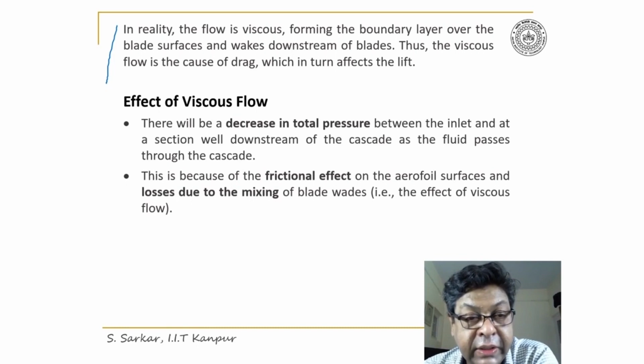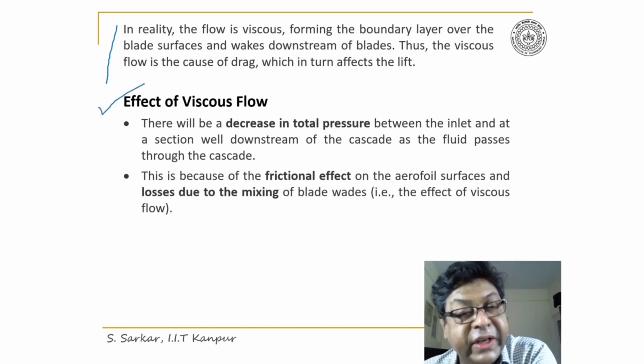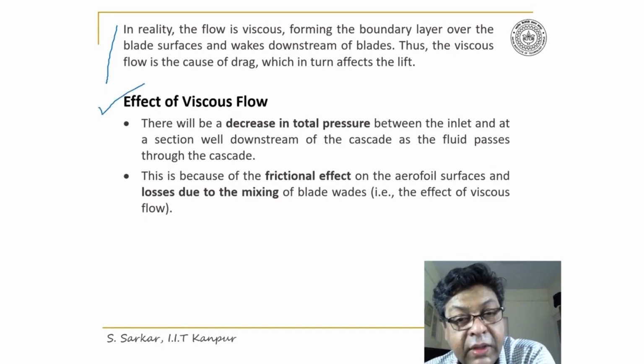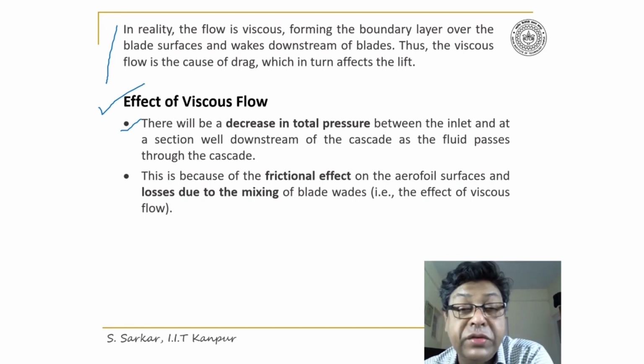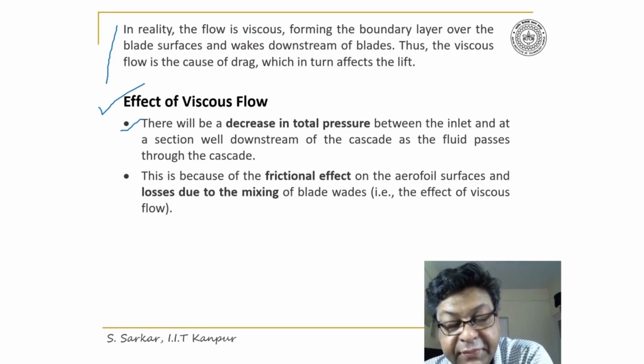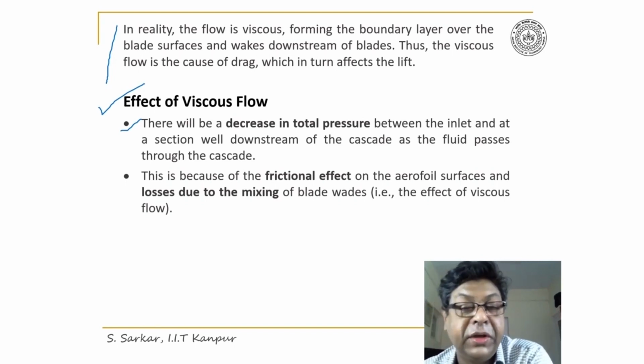Now, what will be the effect of viscous flow? There will be decrease of total pressure between inlet and at a section well downstream of cascade as the fluid passes through the blades. Now, why does this pressure loss appear?